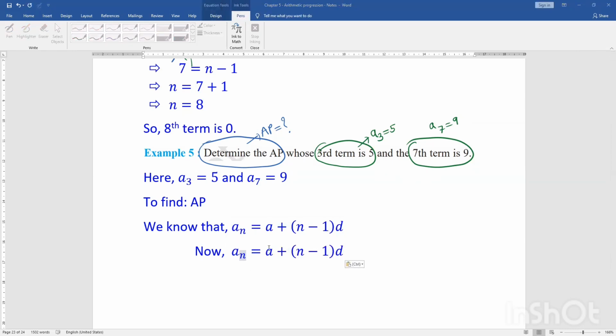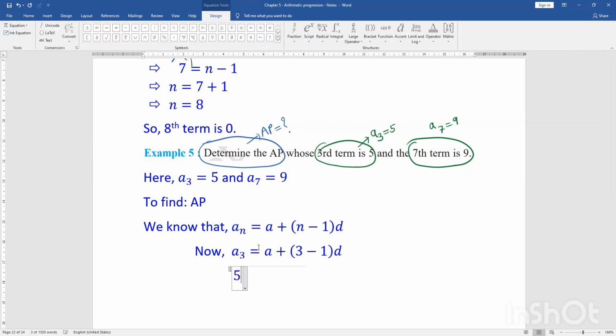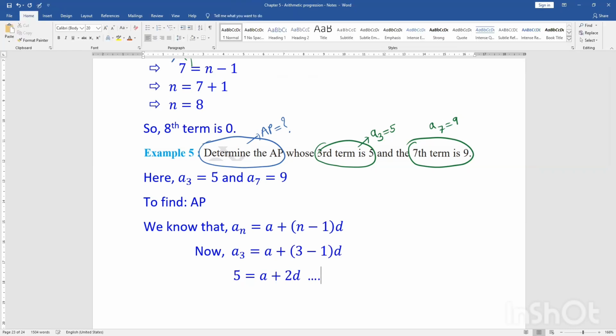A3 equals A plus (3 minus 1) into D, correct? And you know the value of A3 is 5, correct? 5 equals A plus 2D, since 3 minus 1 is 2. I am going to call it equation 1.